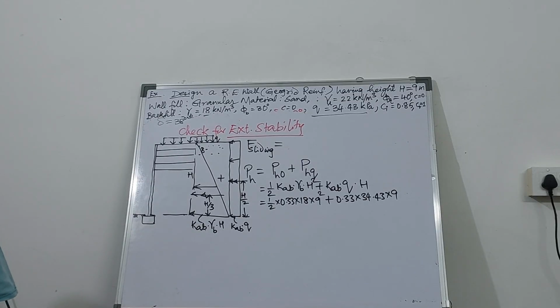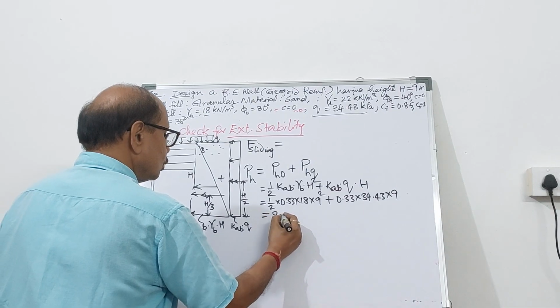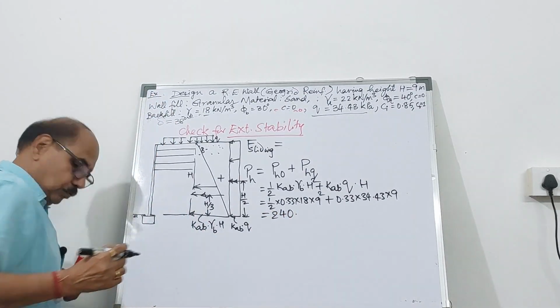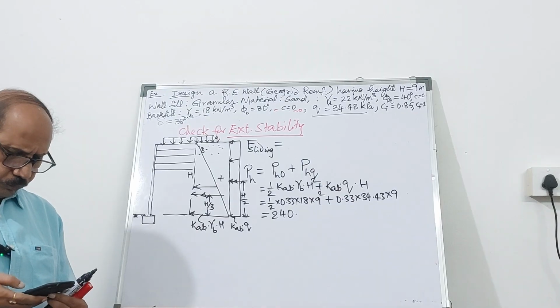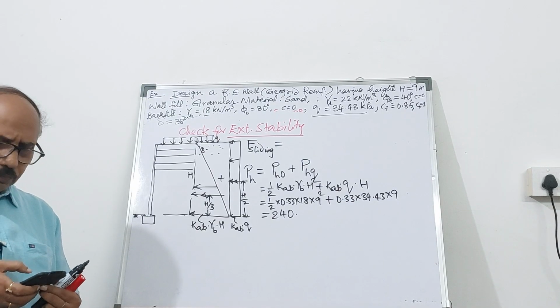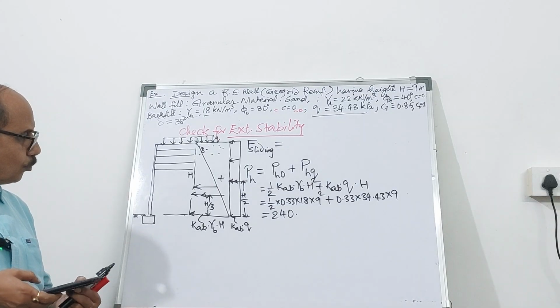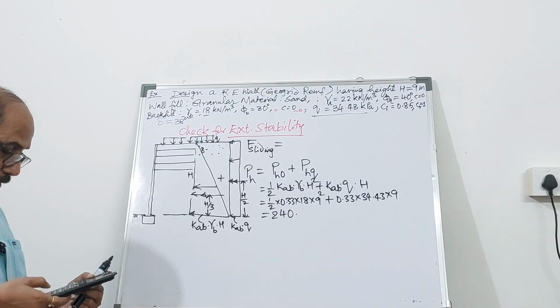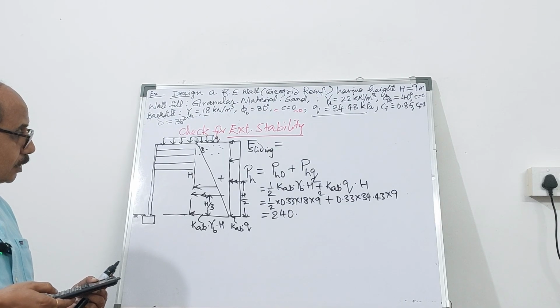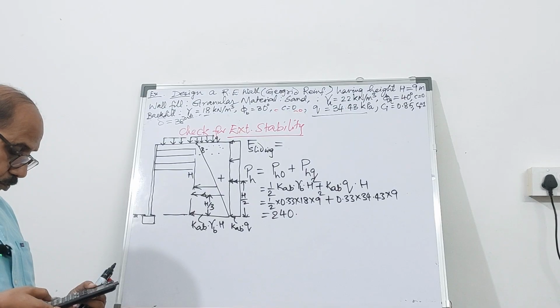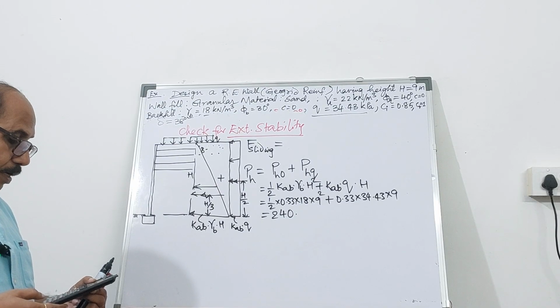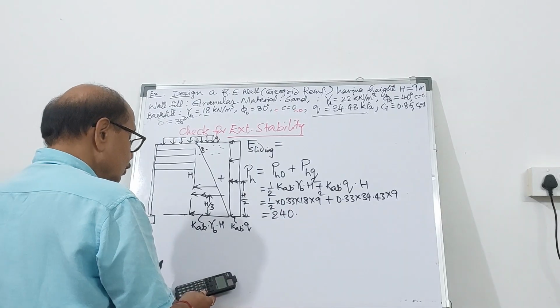So you can calculate this very easily, and the sliding force is going to be, this will give you 0.5 multiplied by 0.33 into 18 into 9 square, 240.57.